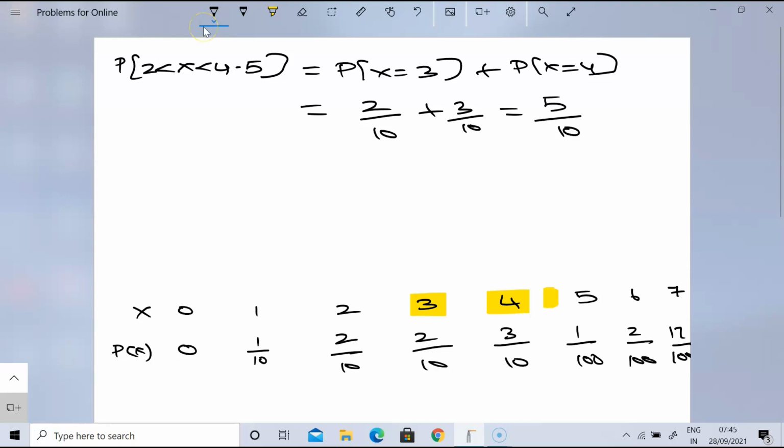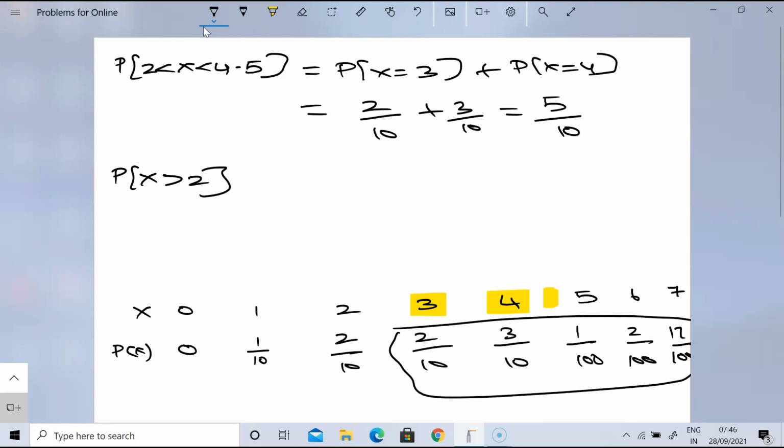The denominator is the probability of x more than 2. I will use a trick. x more than 2 means I want this entire value, which I am circling. When I add everything, the total value is 1.